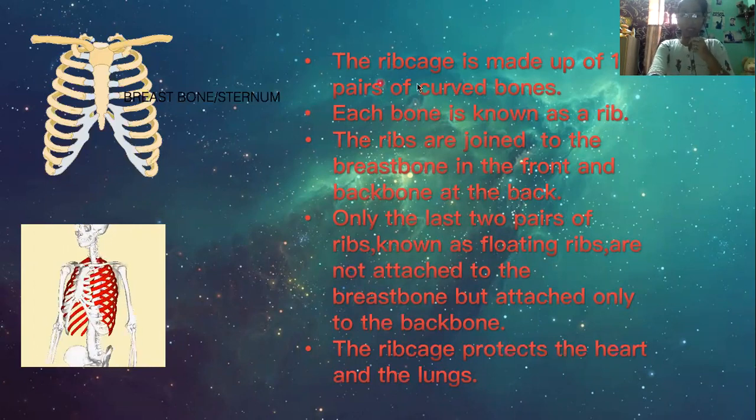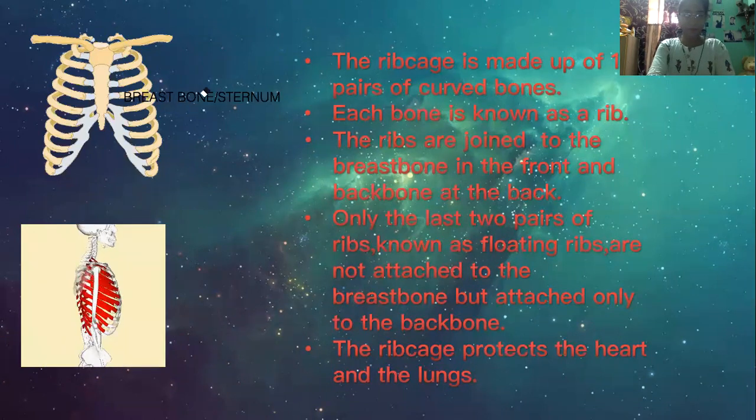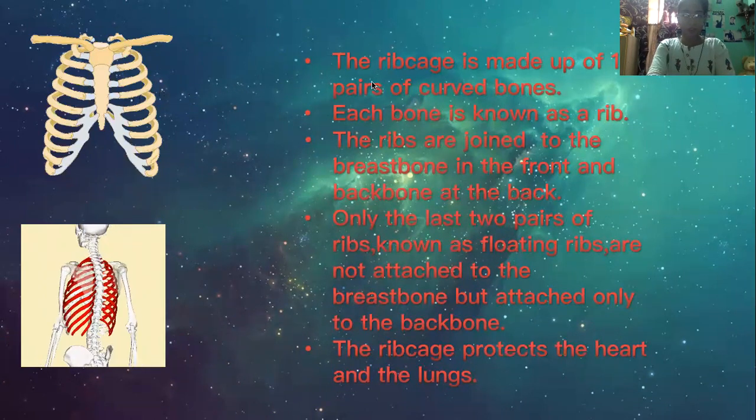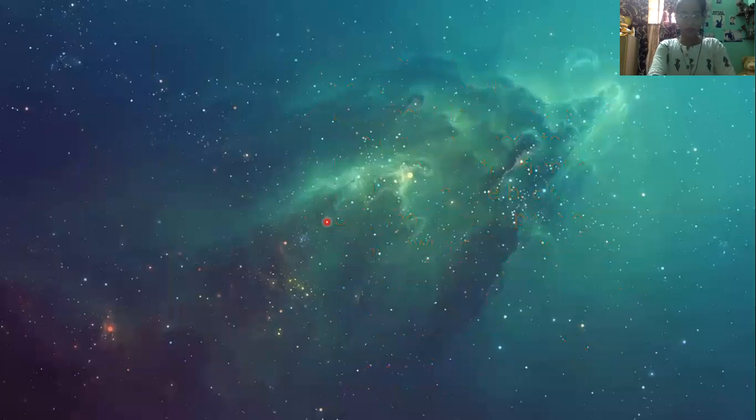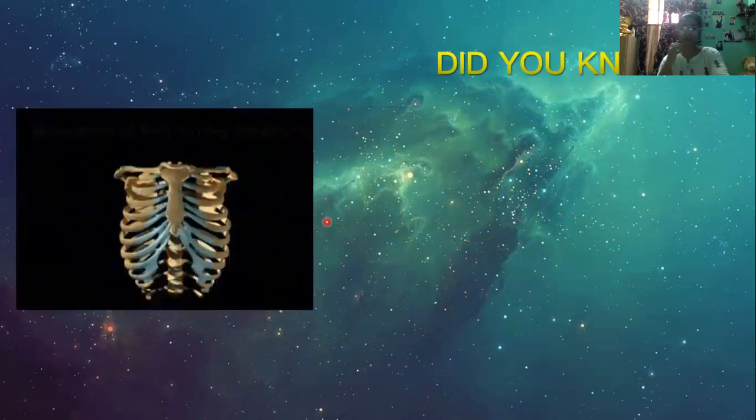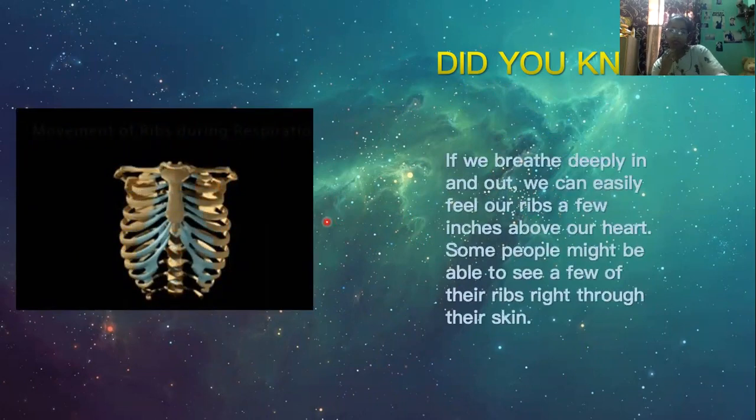All right. Okay. So let's see what we have next. Okay, this is an added information. See, if we breathe deeply in and out, as I told you before, we can easily feel our ribs a few inches above our heart.